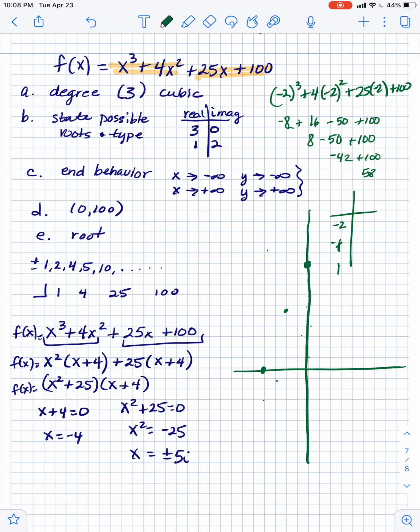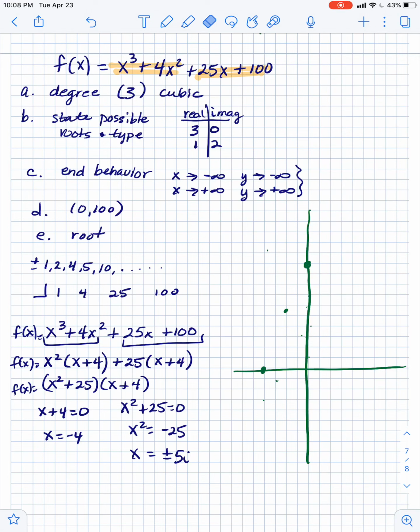So let's go ahead and put in, what do we want to put in? Let's put in a negative 3. Let's just see what happens at a negative 3. So negative 3 cubed plus 4 times negative 3 squared plus 25 times a negative 3 plus 100.